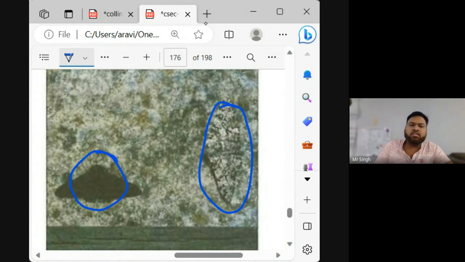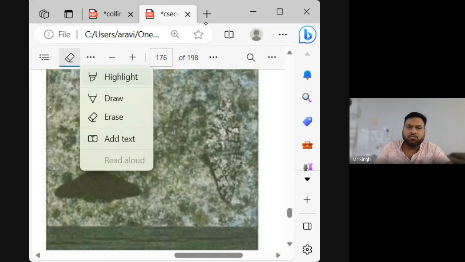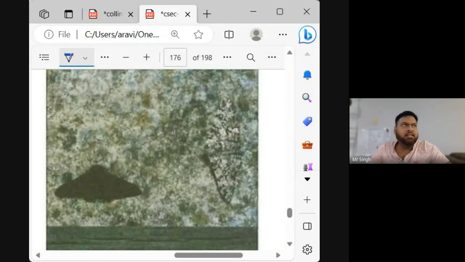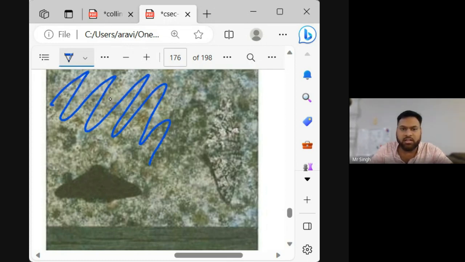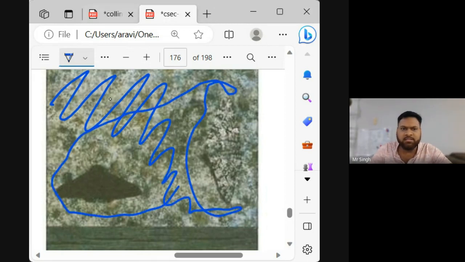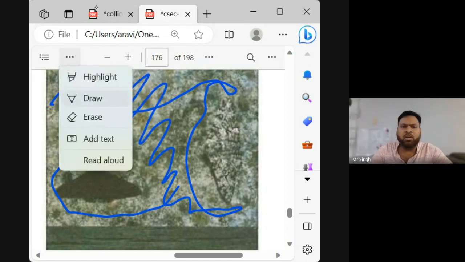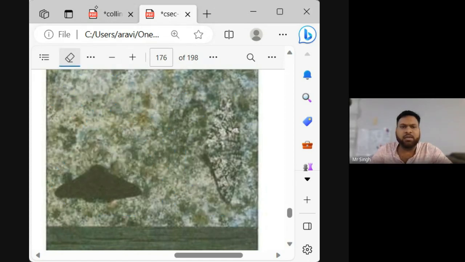These moths were native to Britain or England, and they used to camouflage. They used to hide on a tree. Now, the tree had this kind of black and white moss on it. Everybody seeing it? So which one of these moths is camouflaging best?